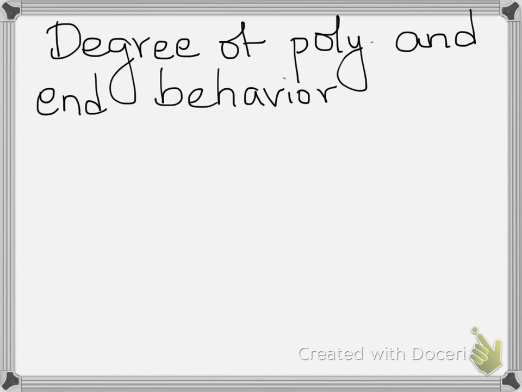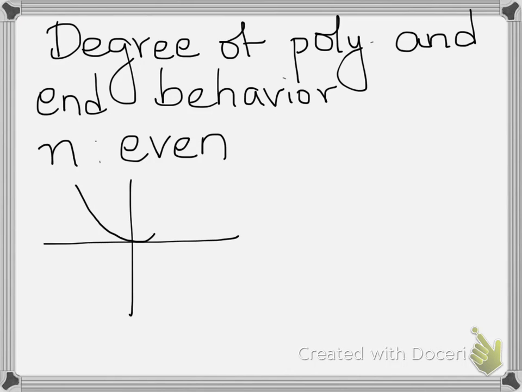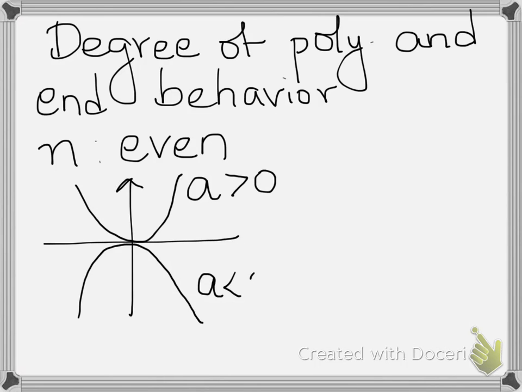We can also talk about the degree of a polynomial and the end behavior. Whenever the degree of the polynomial is even, then you have a graph that is like this, or a graph that's a parabola that's open downwards. So here we talked about this before, where the coefficient is positive, and here where the coefficient is negative.